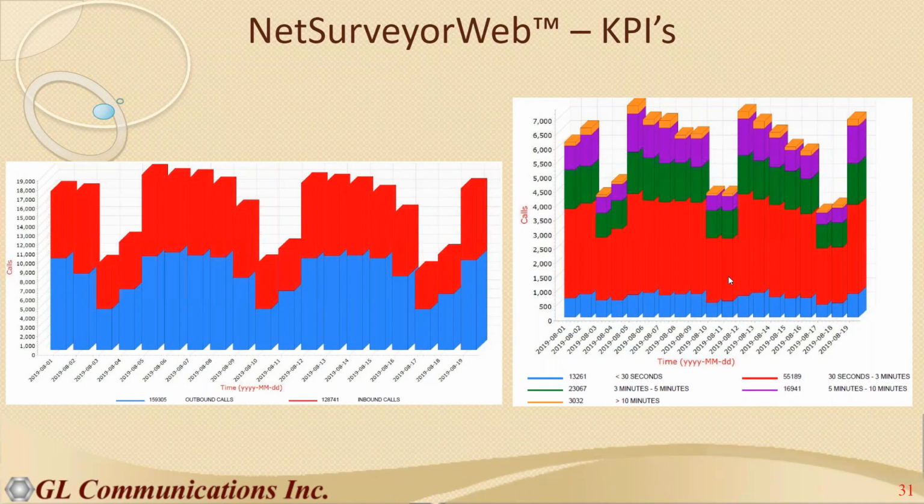They wanted to monitor how many inbound or outbound calls happened during a week or during a day, and even how the call duration is distributed among these different calls, like 30 seconds, or whether there are long duration or short duration calls. So they wanted to analyze this, and they used our NetSurveyorWEB application to configure these KPIs and get the results.